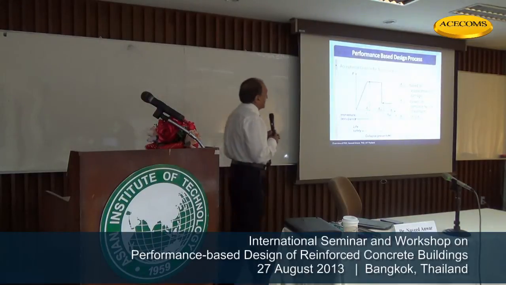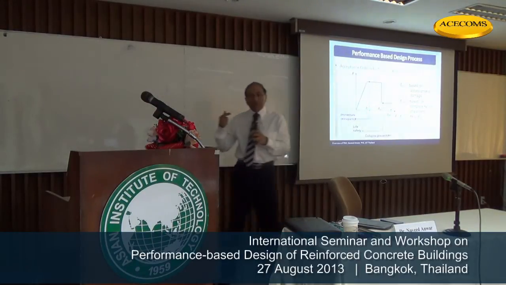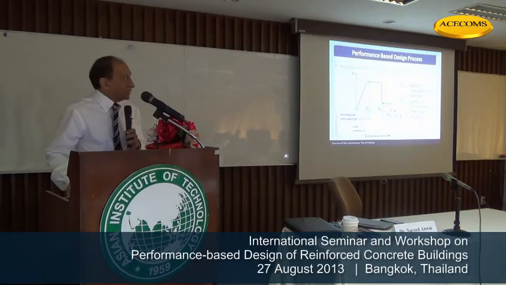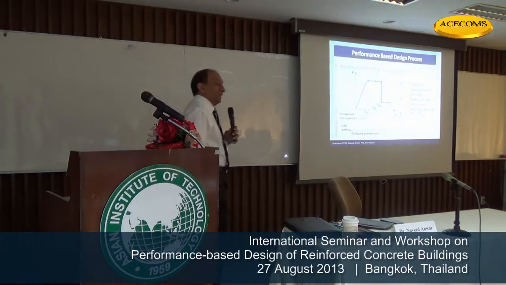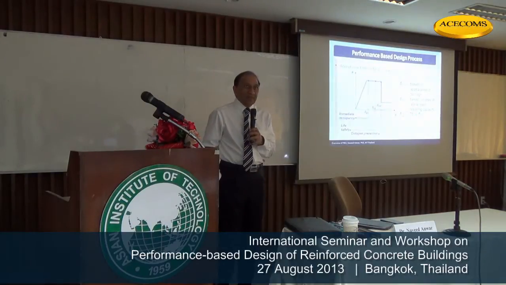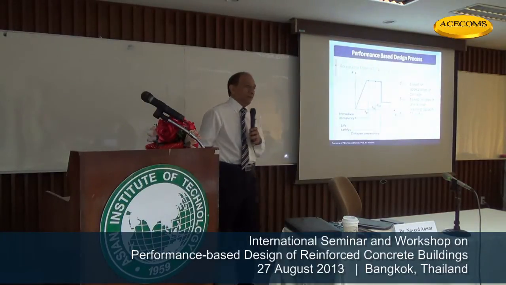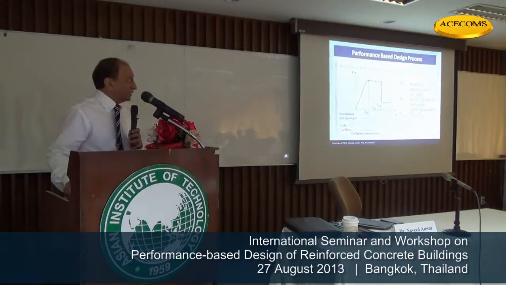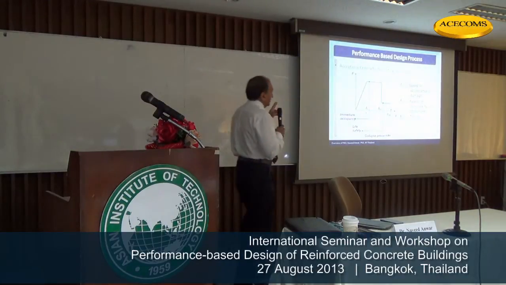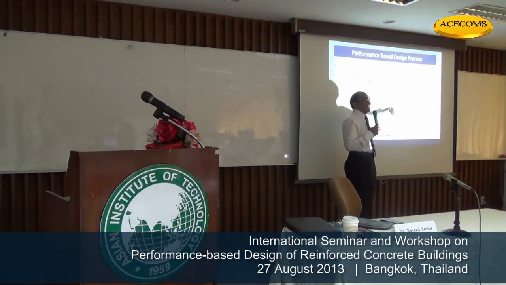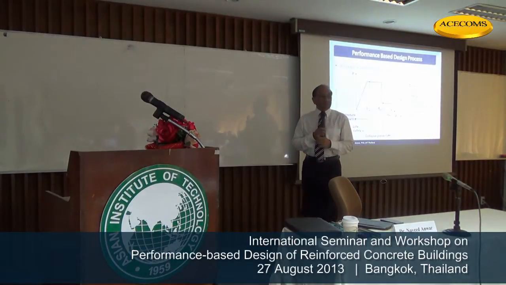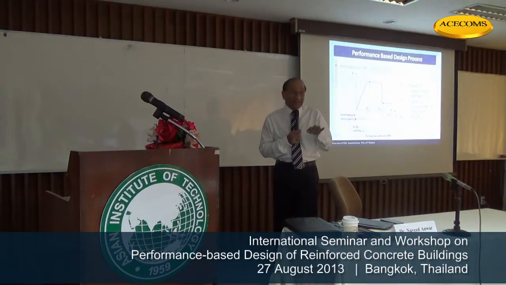This is the secondary. No, please let me go back. This is interesting. This is the criteria for primary members, columns and beams, primary structural members. Then there are secondary structural members. Their performance criteria are different. At collapse prevention, they are allowed to actually be damaged in the current code provision, current guidelines.